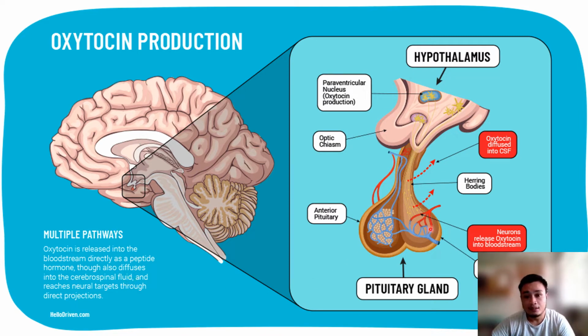So again, in contrast to the growth hormone that was previously shown in the other slide, oxytocin, much like antidiuretic hormone, which is also released by the neurohypophysis, does not actually need the hypophyseal portal system, because the cells that secrete them in the pars nervosa of the neurohypophysis are directly stimulated by the axons of the nuclei that are found in the hypothalamus. So primarily your PV and SO nuclei.